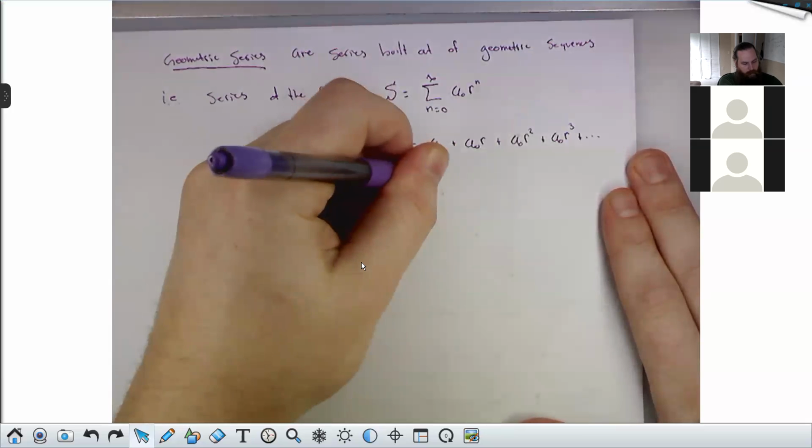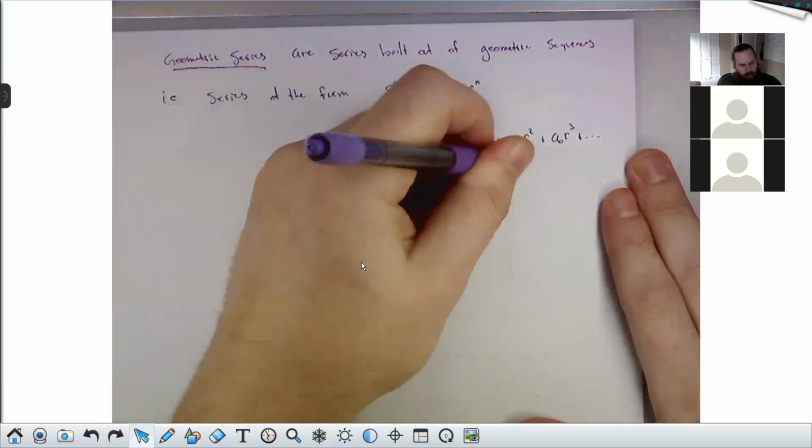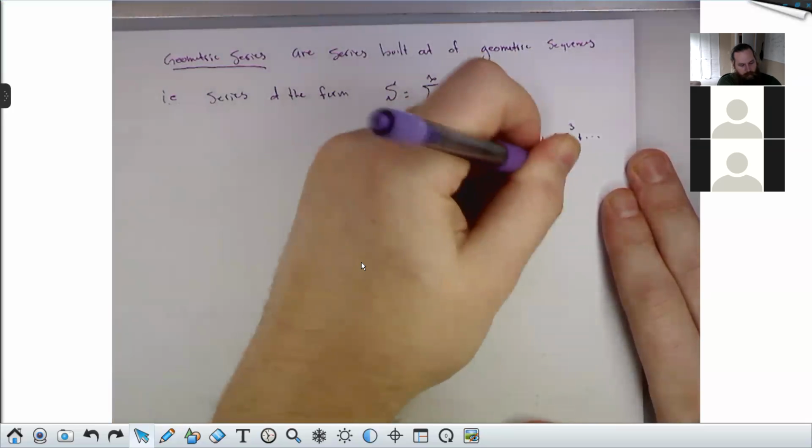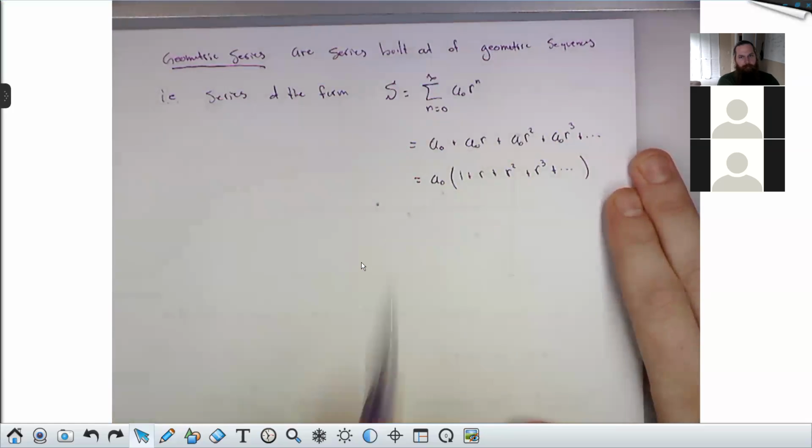And you can factor the a naught out. So that's 1 plus r plus r squared plus r cubed, and so on. This is the piece that we're really worried about.